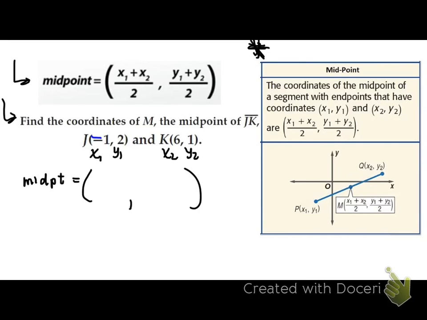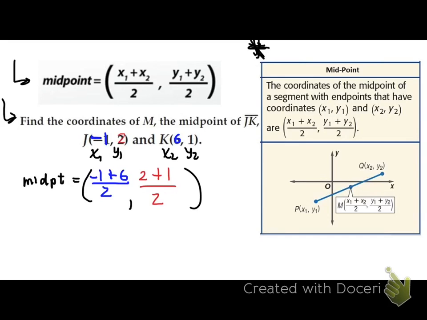X1 is -1, so we're going to do -1. X2 is 6, so plus 6. And we're going to divide that by 2. Straightforward. Y1 is 2. So we're going to do Y2 plus Y1 divided by 2.